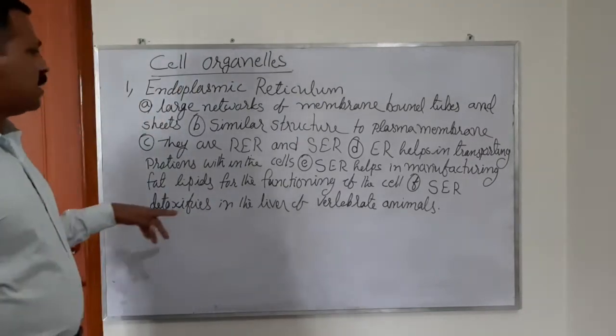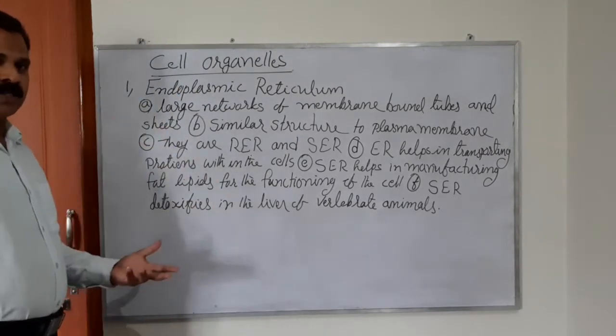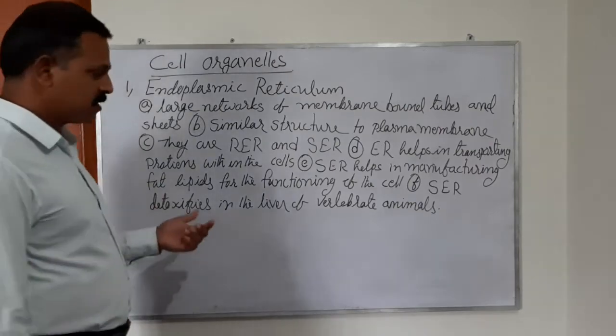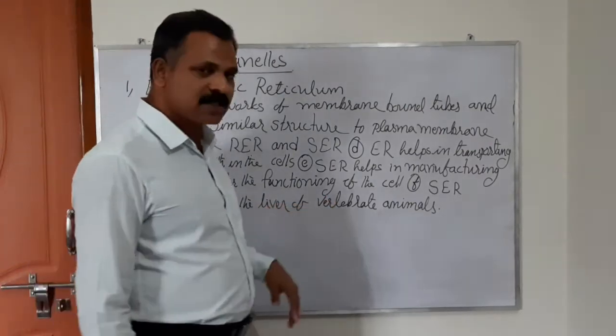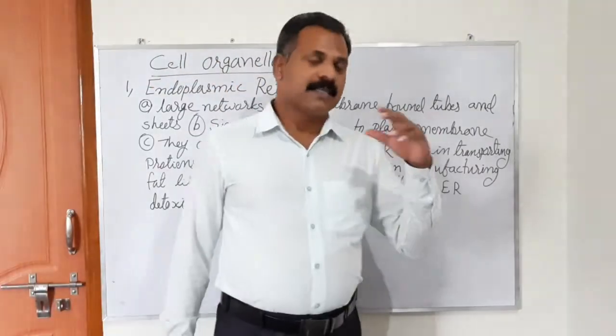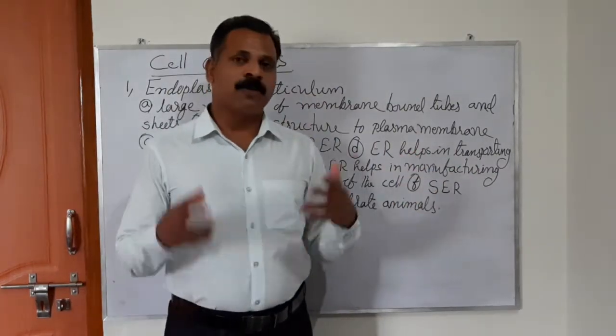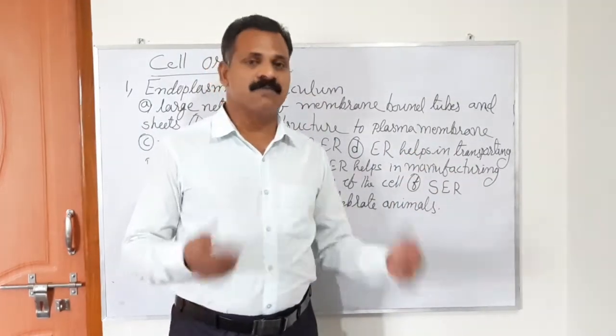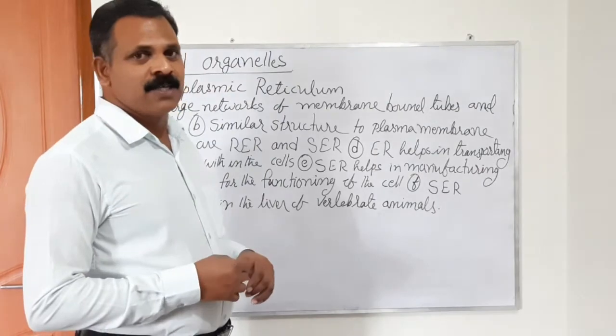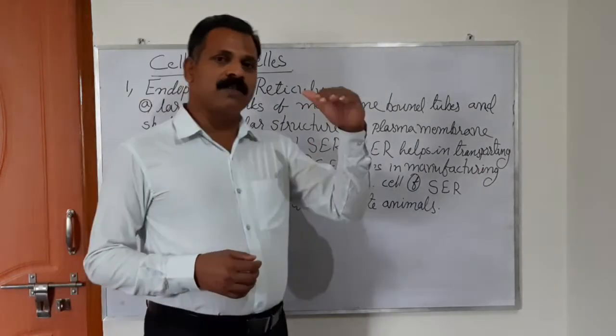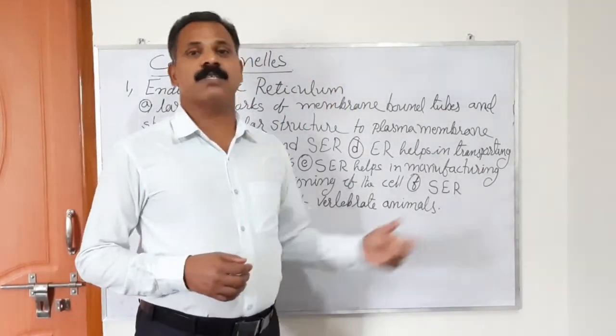Now SER has one more function, not in all organisms, mainly in vertebrate organisms. SER performs a very important role in detoxifying. What is detoxifying? This activity is performed within the liver of a vertebrate organism.